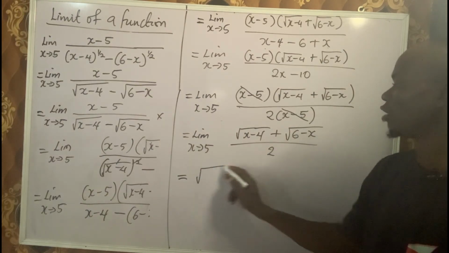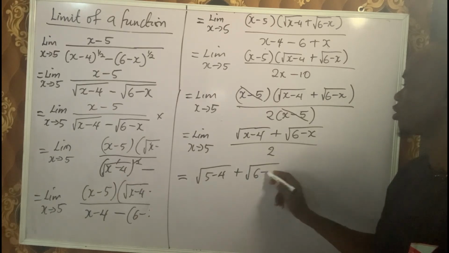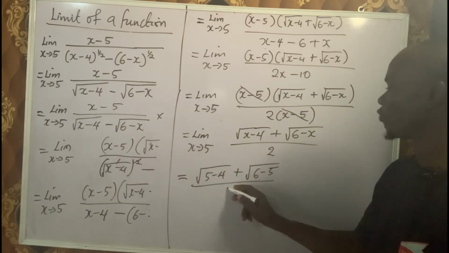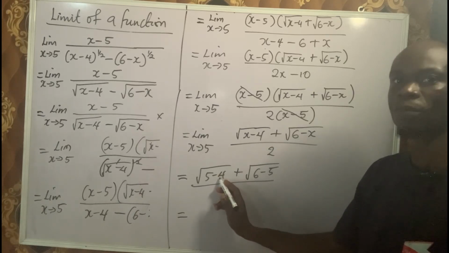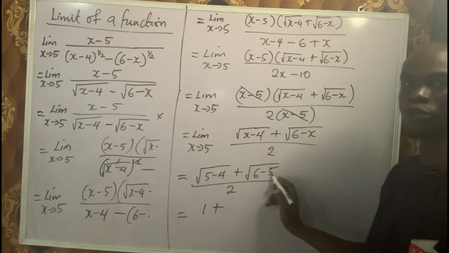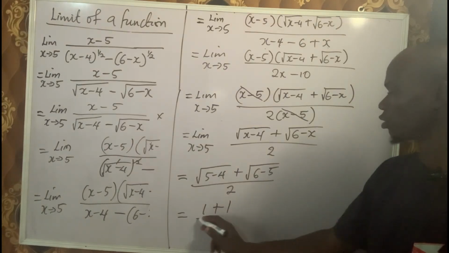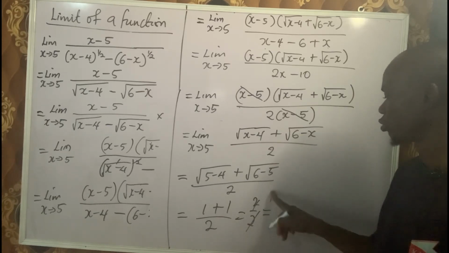Substituting, I have root 5 minus 4 plus root 6 minus 5 over 2. 5 minus 4 is 1, square root of 1 is 1; 6 minus 5 is 1, square root of 1 is 1, over 2. So this is 2 over 2, which is equal to 1.